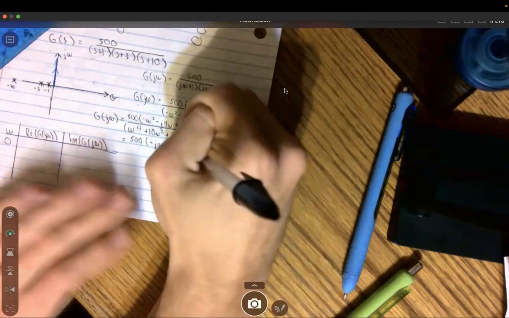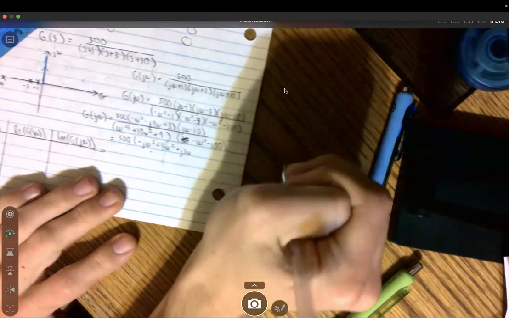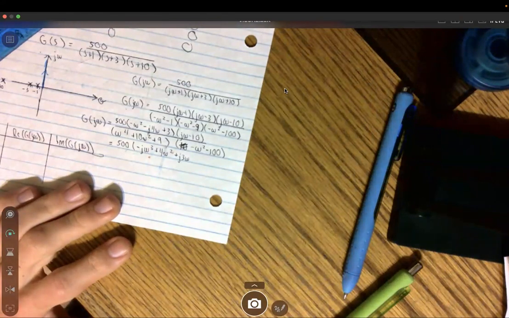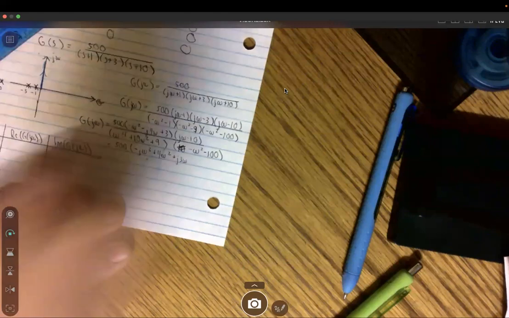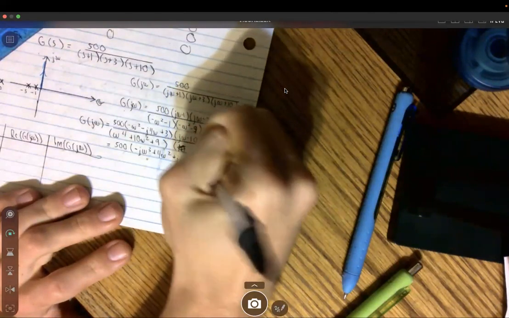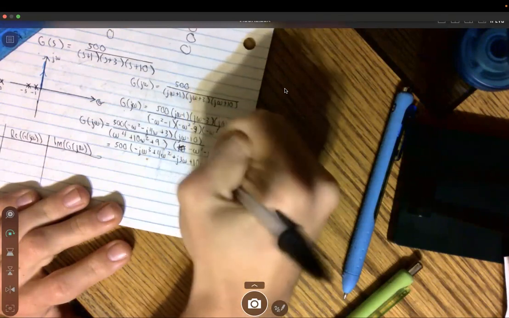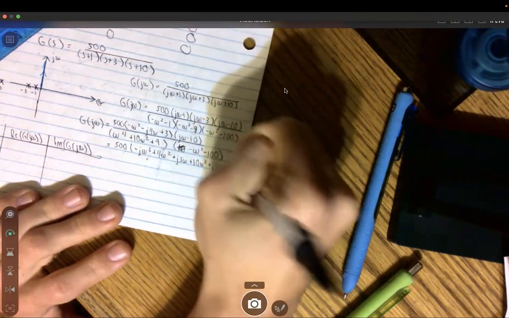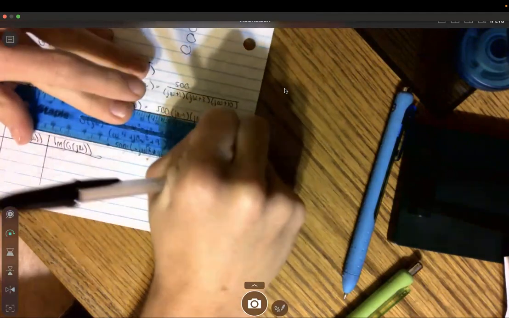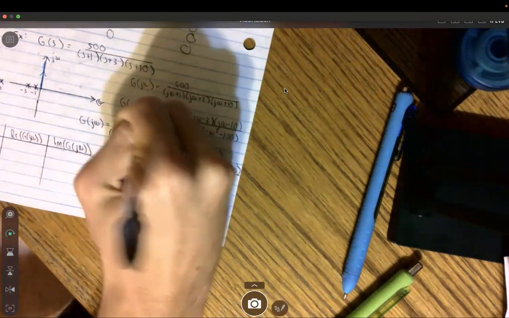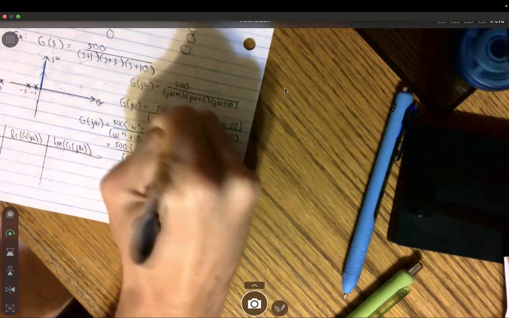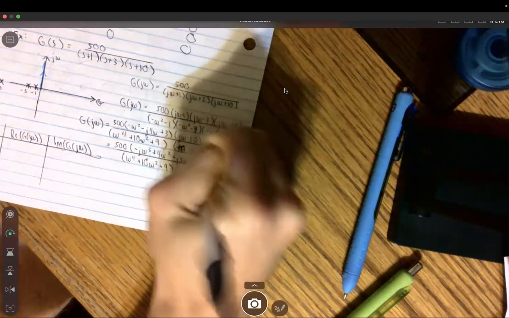Then we're going to get plus j3ω, and then we're going to get plus 10ω squared plus j40ω plus minus 30. Okay. And then in our denominator here, we can leave the denominator like it is because we're just going to plug in ω, so it won't matter. There's no j terms in it. So plus 9, then minus ω squared minus 100.